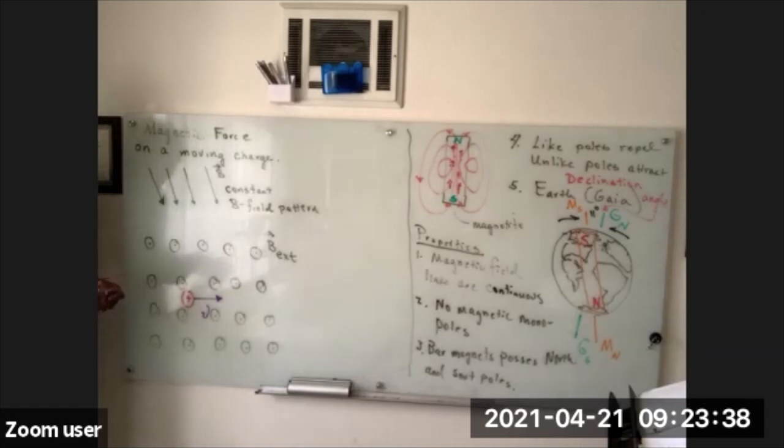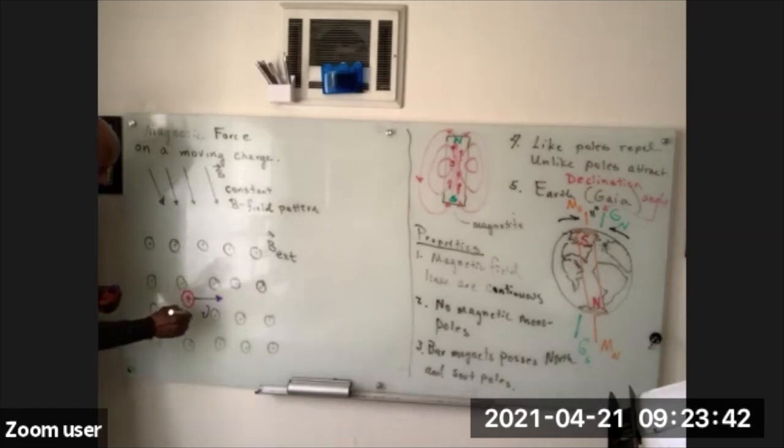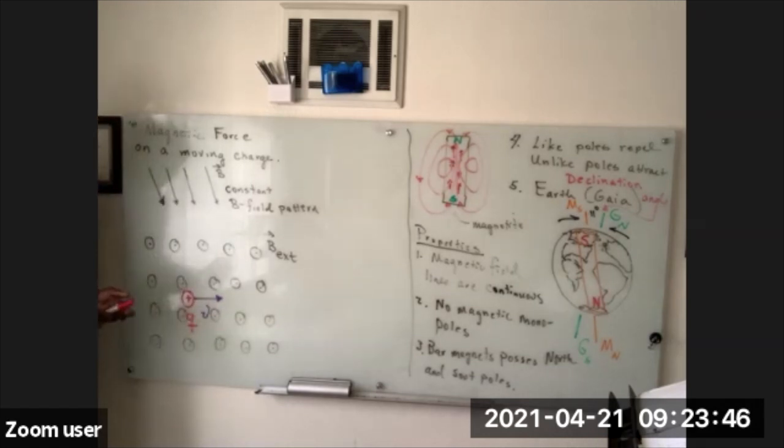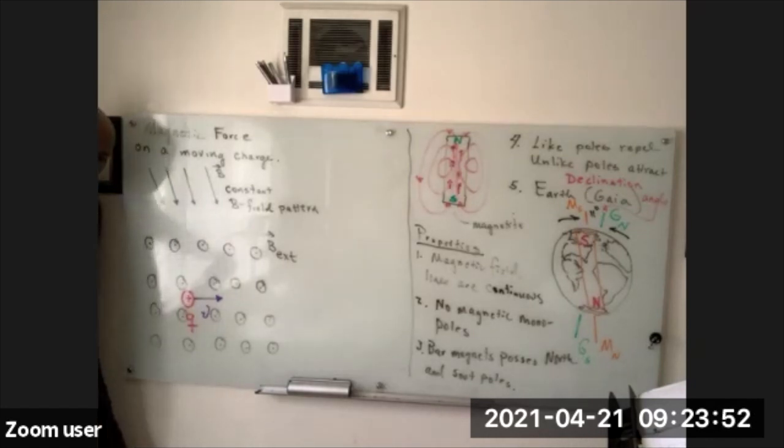We don't know, but it has a speed, a non-negligible speed, and its charge is Q. It turns out that when this charge interacts with this external magnetic field, there will be a force that will be created.